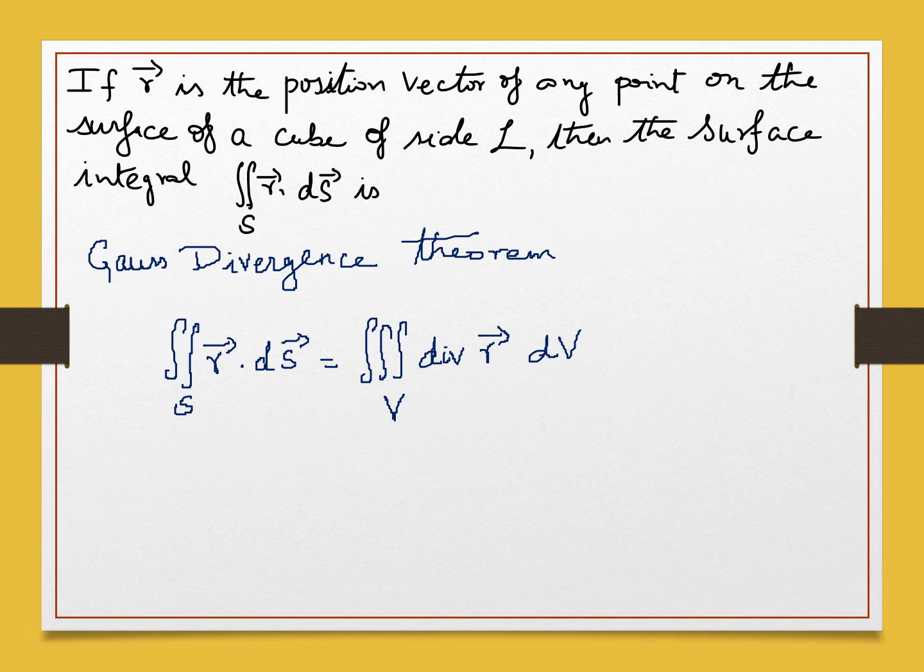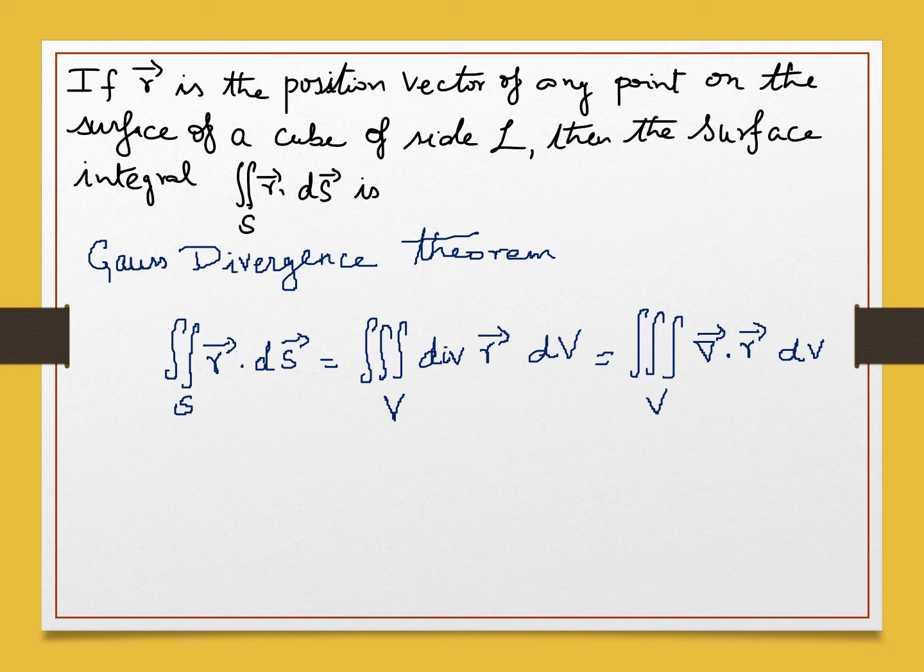So first we have to find the divergence of R, that is nothing but the triple integral, or we also say the volume integral, of del vector dot R vector dV.